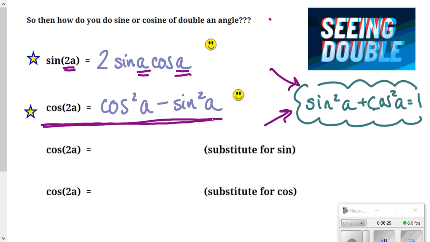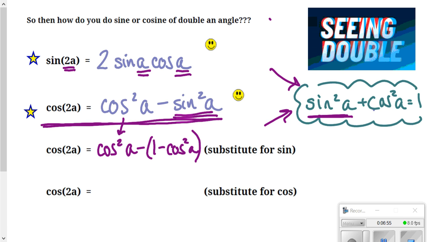So over here, Mr. Covey wrote to us, we want to substitute for sine. So take this sine squared, look at your Pythagorean identity. You know that sine squared is the same as 1 minus cosine squared. So I could write this as cosine squared, that's this term, and then in place of the sine squared, I could do 1 minus cosine squared of A. And then if I did a little combination of like terms, I didn't think ahead there, I would have 2, because you see how this minus is going to go minus there and then make that addition.